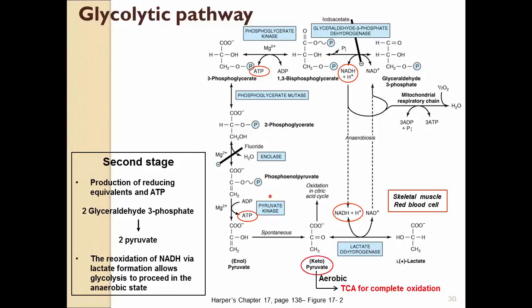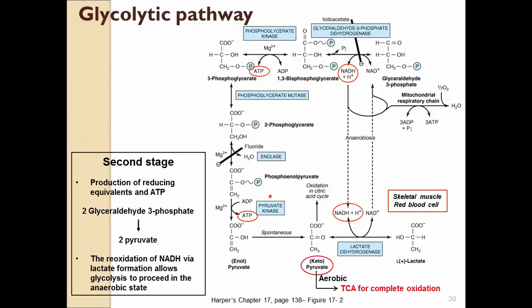Right, so the second stage starts with glyceraldehyde 3-phosphate, which is broken down from glucose. You actually generate 2 of these 3-carbon molecules, and they enter the second stage. The second stage is the ATP-generating process, right?